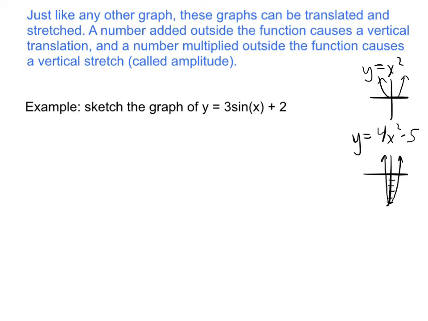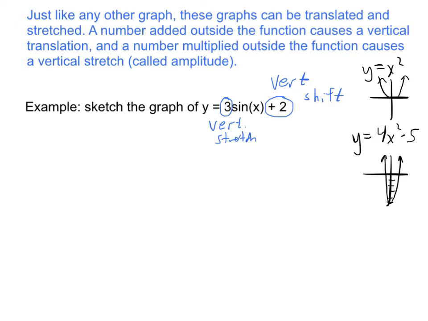So if I ask us to sketch the graph of y equals 3 sine x plus 2, we recognize that this number on the end represents a vertical shift, and this 3 represents a vertical stretch.